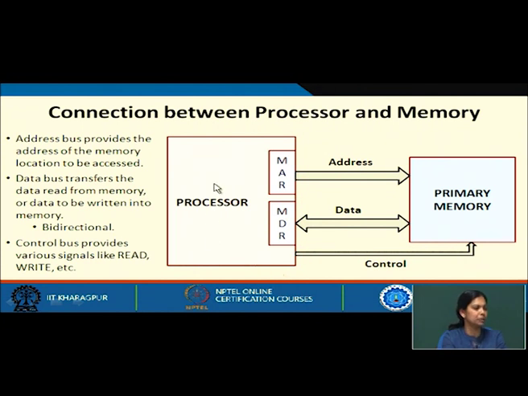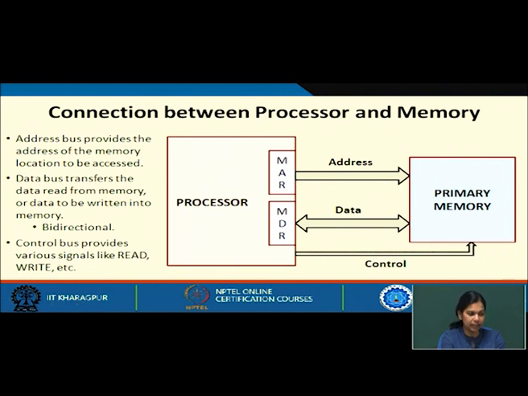Now, see the connection between processor and memory. As you know, in the processor we have two important registers: one is the memory address register, another is the memory data register. The memory address register contains the address of an instruction or data that is to be read from the memory, or the address of data that is to be written into the memory.